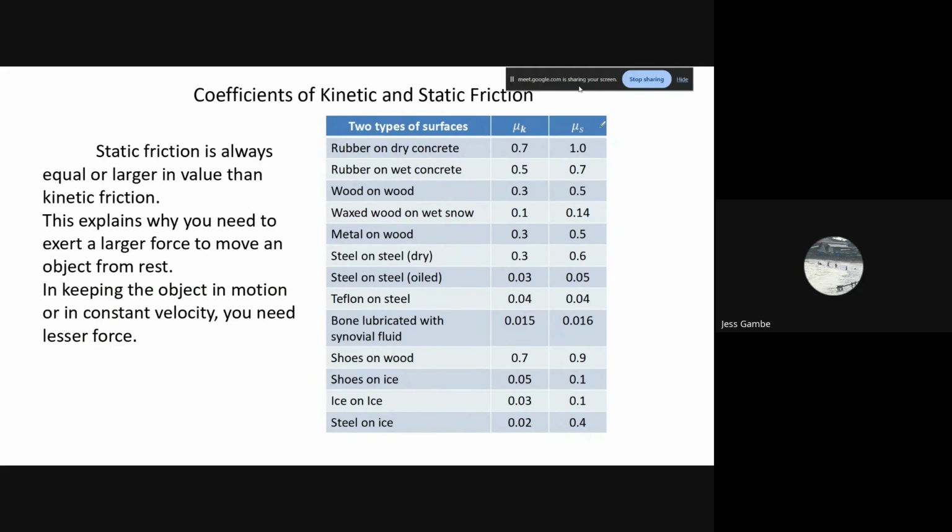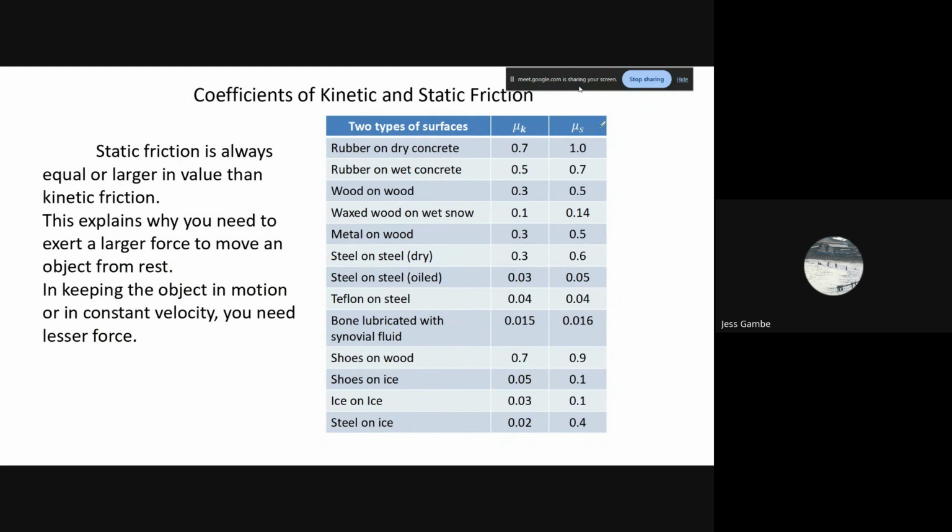When it is static, 1. Then you will see a pattern here: the static coefficients are all greater than the kinetic. A couple of them are identical, but generally the trend is that static has a larger coefficient than kinetic.